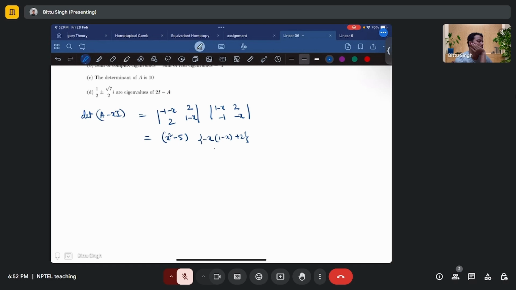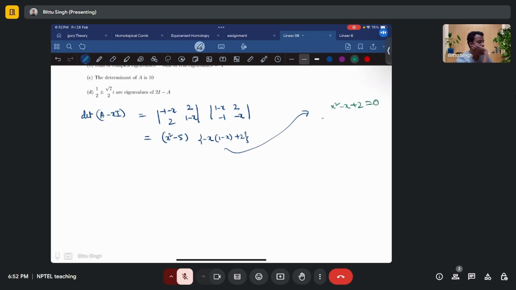So if we write this thing here, that is actually x square minus x plus 2. So again, if we factorize this, no, there is a positive sign, so it is not easy to factorize.